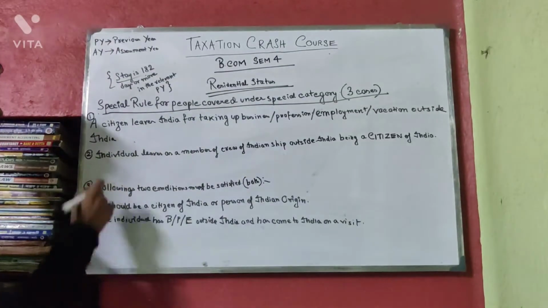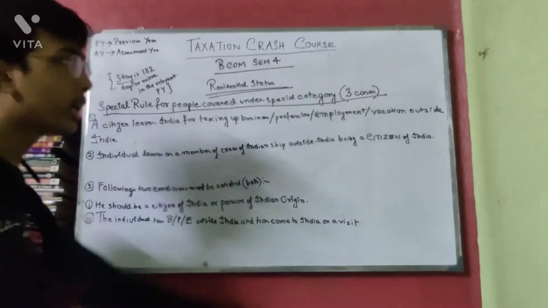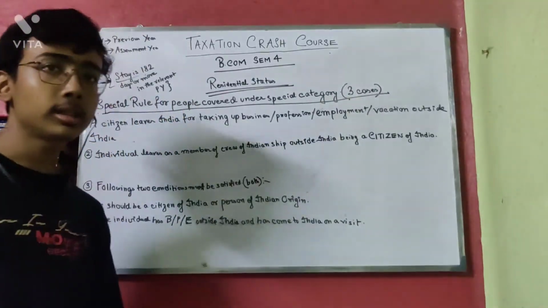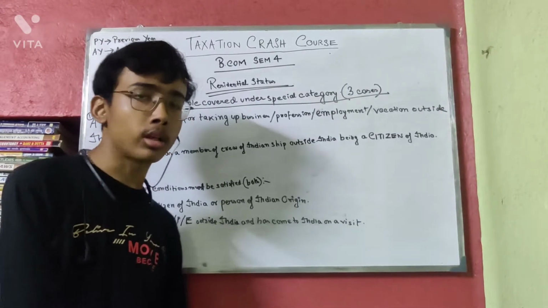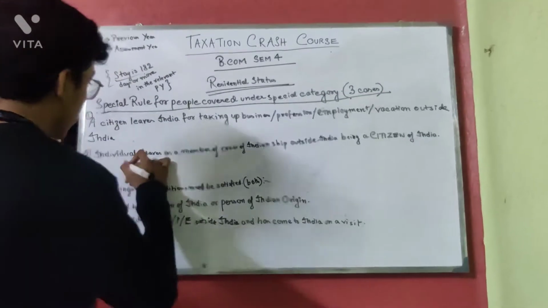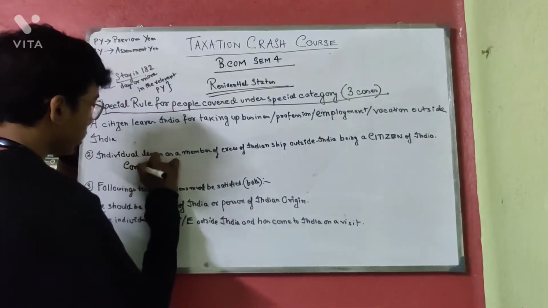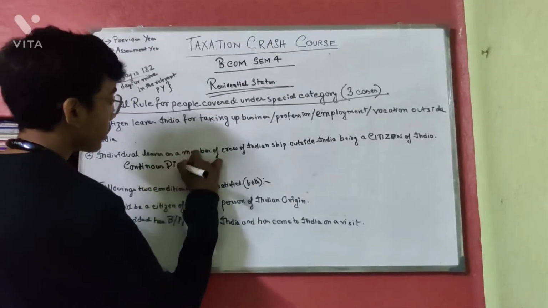In the second case, an individual lives as a member of the crew of an Indian ship outside India, being a citizen of India. If the person is a citizen of India and he leaves India on a ship outside India, then we must see whether the continuous discharge certificate is given or not.